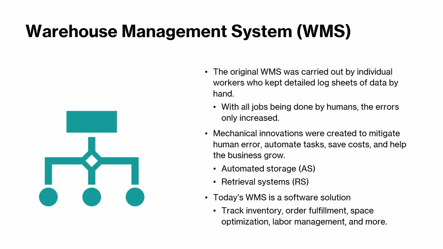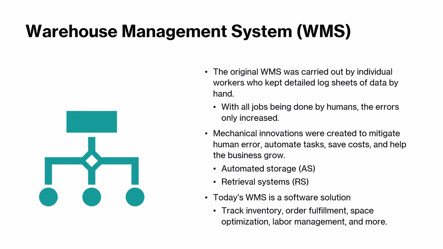Today's warehouse management systems are primarily just software solutions. They track inventory to keep up with warehouse inventory if things need to be auto ordered or things need to be maybe set aside if they're not moving efficiently, things like that.